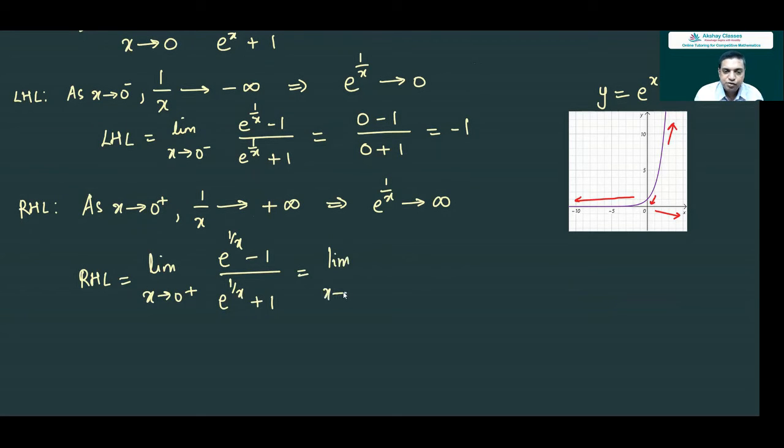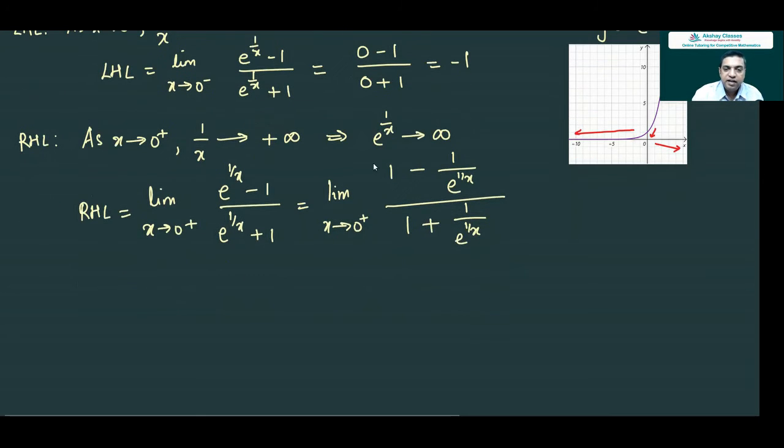So limit x tends to 0 plus, we will divide by the infinity term. I am dividing by e power 1 by x. So 1 minus 1 by e power 1 by x, upon 1 plus 1 by e power 1 by x.